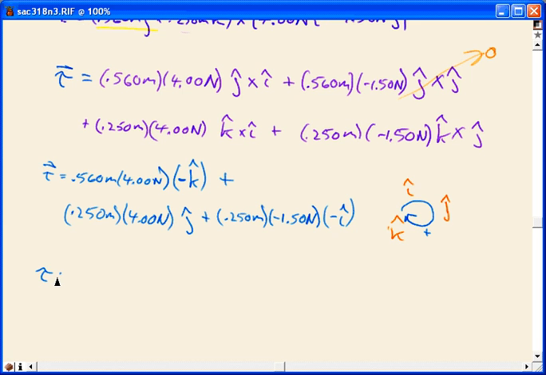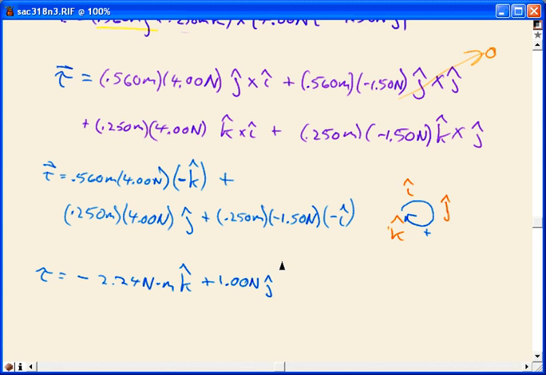I get tau is equal to, I'm going to have a minus sign there, 2.24 newton meters times the k. So it's that minus sign that I got out front. And then plus, this one is entirely positive. That's 1.00 newton meters times j.